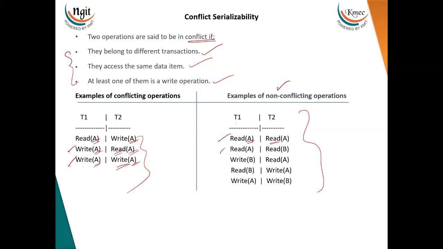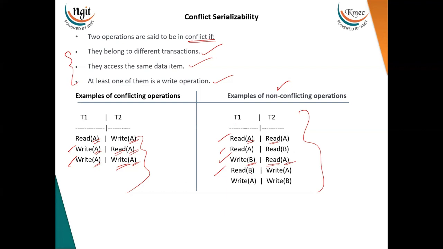And coming to the next one, read operation performed by T1 and read operation performed by T2 transaction on different accounts. This is also possible because on different accounts, two different transactions are reading at the same time. There is no problem at all. And coming to the third one, write operation performed by T1 transaction on B, read operation performed by transaction T2 on account A. So this is also a non-conflicting operation.